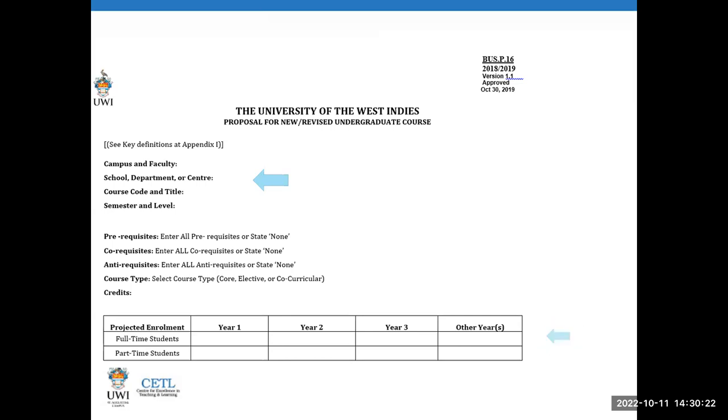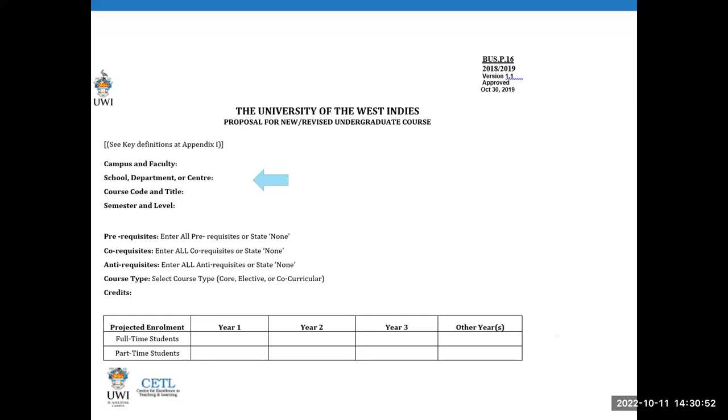And then you're going to put a semester and level, and maybe the prerequisites, because you would know the courses that might be required in order to do this course. So take a couple seconds, and think of a course that you would like to teach, or a course that you would like to amend, or even a brand new course that has never existed at the university, and you would like to create this proposal for it.